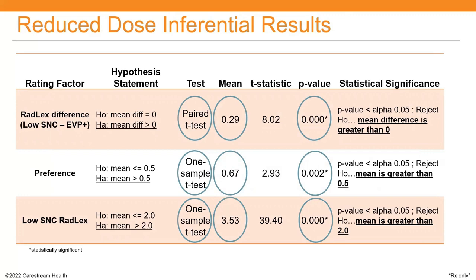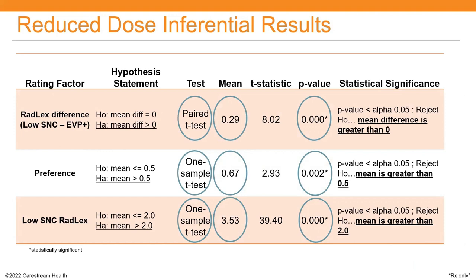Equivalence inferential testing was performed on both preference ratings and paired RADLEX ratings, testing the ratings within the interval of -0.5 to +0.5. Equivalence was not demonstrated for the preference rating, and this is not unexpected since the mean preference of 0.67 is greater than the upper confidence bound.